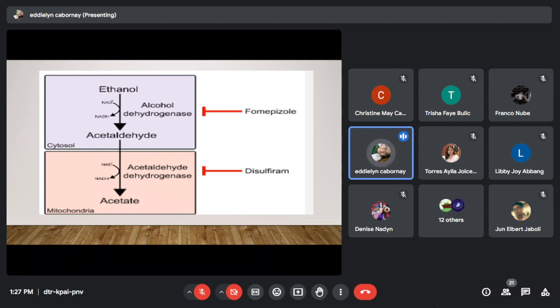So for disulfiram, this is the antidote also for alcohol toxicity, which works by inhibiting acetaldehyde dehydrogenase. This inhibition leads to the accumulation of acetaldehyde in the body, resulting in symptoms such as nausea, vomiting, and flushing.